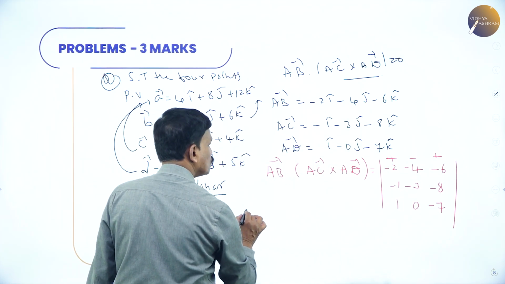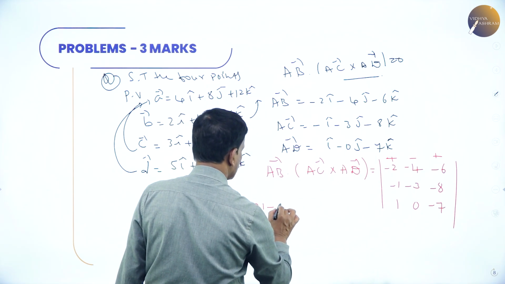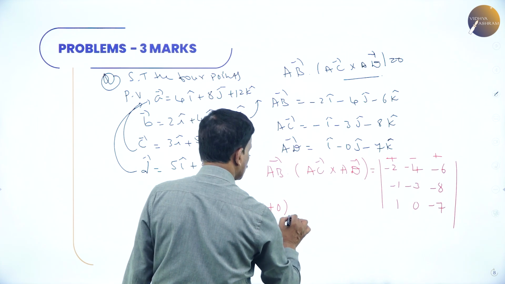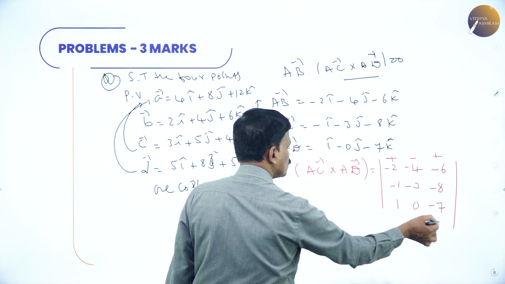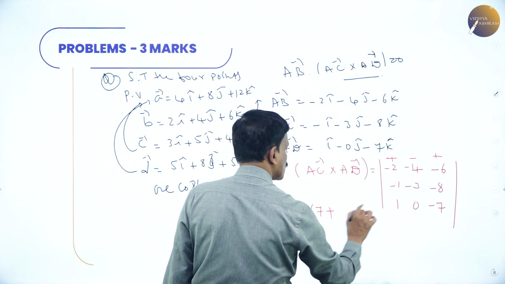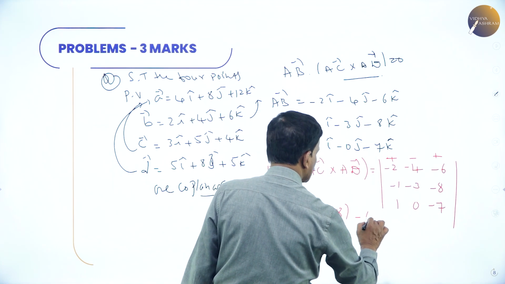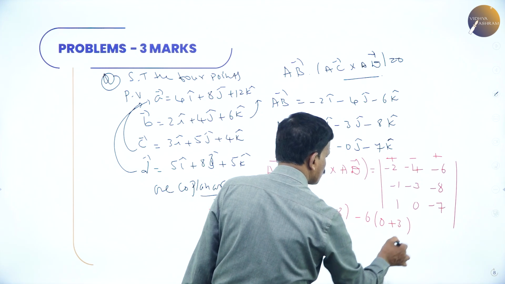So that's equal to minus 2 into, 7 3s are 21, minus into minus plus, 0 into anything is 0, minus into minus plus 4 times, this row and column is gone, 7 1s are 7, minus into minus plus, 1 8s are 8, minus 6 into, this is gone, 1 into 0 is 0, minus into minus plus 3.